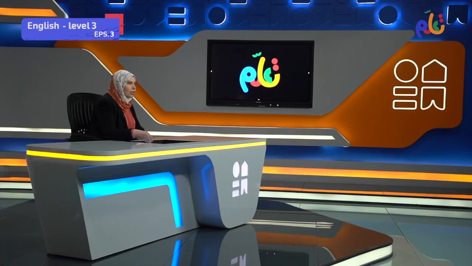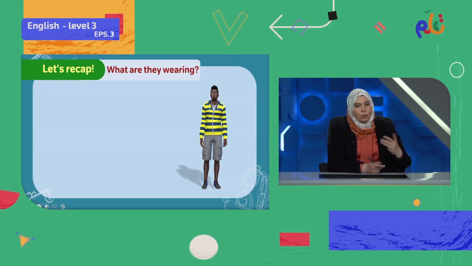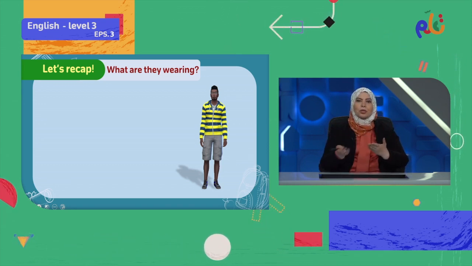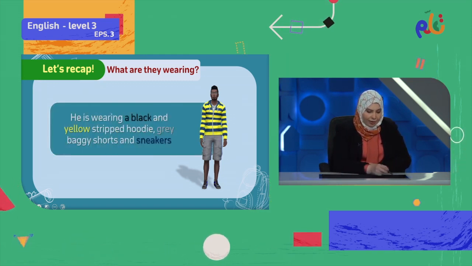So let's do a practice. Let's think first and then read what they wear. So look at the gentleman that we have here. What is he wearing? Think of the material, the pattern, the color, the item he's wearing. Think of as many things as you can so you can describe his clothes. So let's read it together.